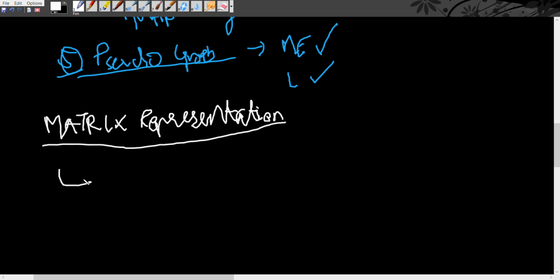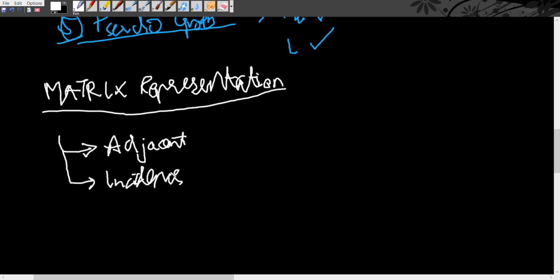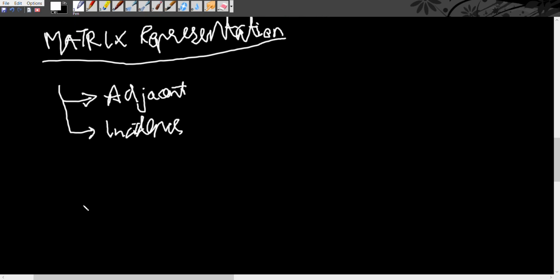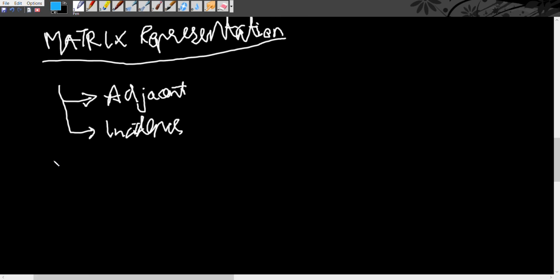You've got 2 types: adjacency matrix and incidence matrix. I'm going to cover these 2 in detail, so don't worry. Let's discuss the adjacency matrix first.